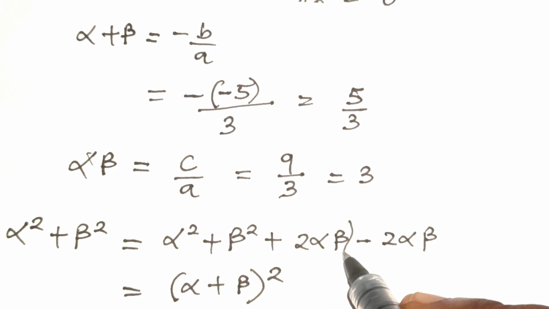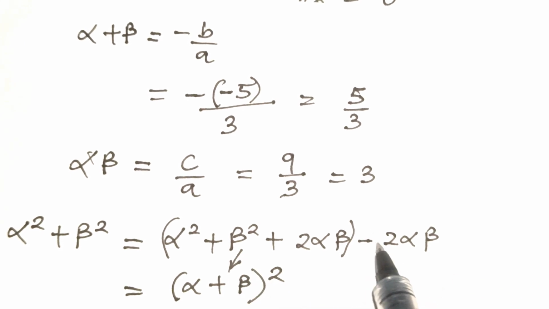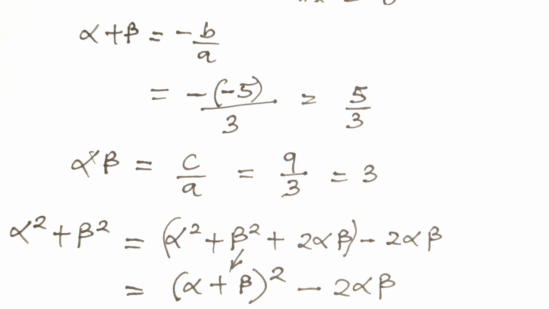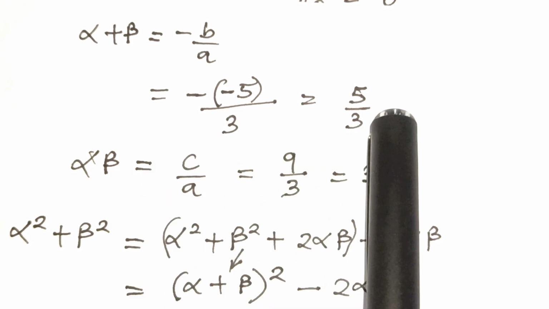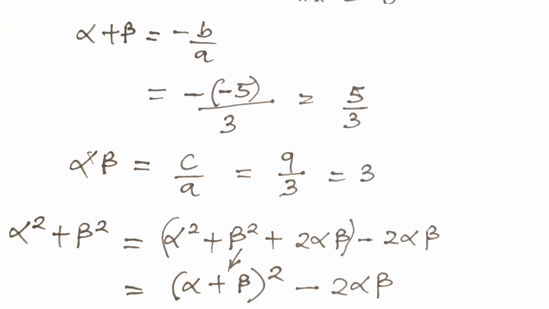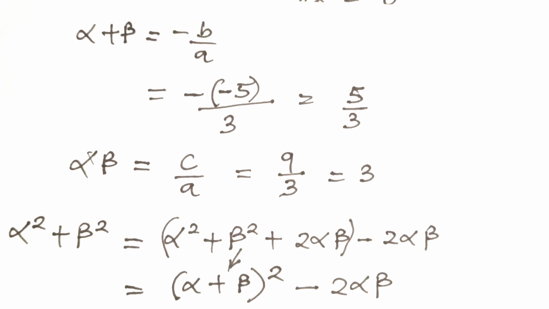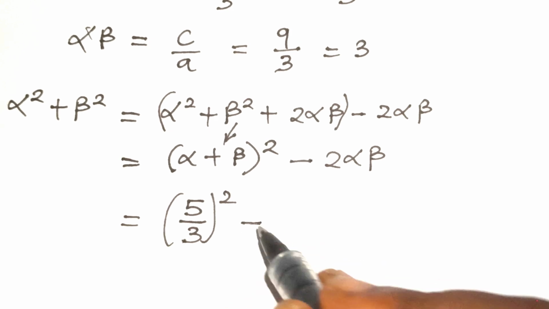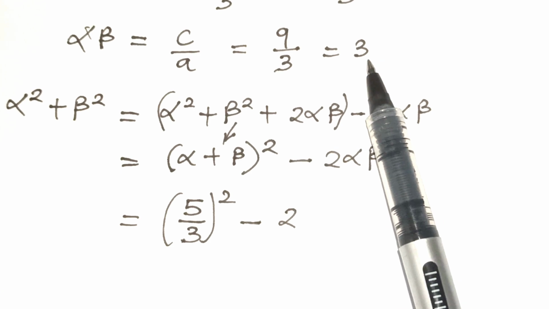Then we are left with the remaining part, which is minus 2 alpha beta. Alpha plus beta is 5 over 3, so we'll write 5 over 3 all squared, minus 2 alpha beta. The value of alpha beta is 3.